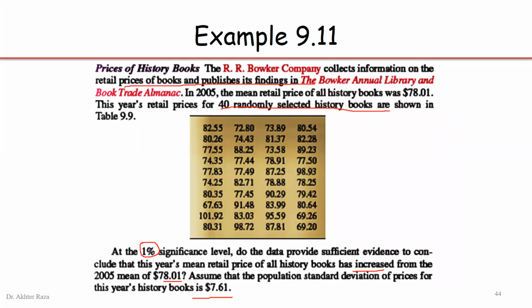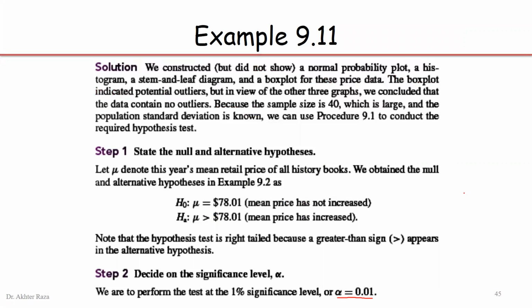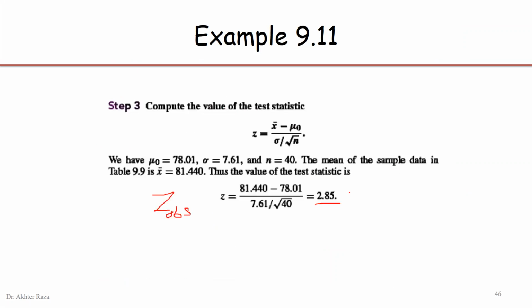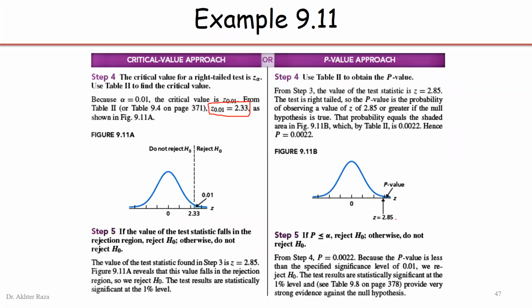Because we are assuming an increase, the alternate hypothesis has a greater than sign. So our p-value will be the region greater than this. So 2.85 is looked up in the table, and the p-value is 0.0022.